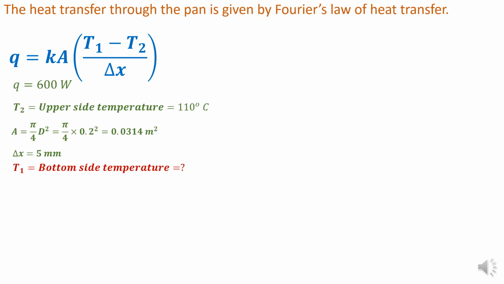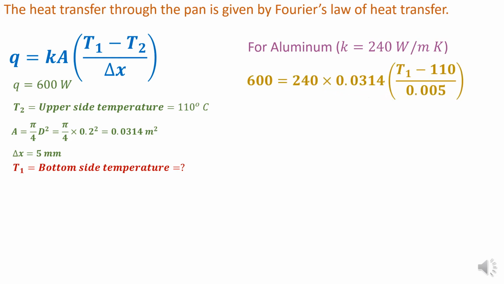In the first case the pan is made up of aluminium, and in the second case the pan is made up of copper. For aluminium, which has a thermal conductivity of 240 watt per meter Kelvin, we put the values of Q, k, A, T2 and ΔX in the equation of Fourier's law, and by solving it we find that the bottom side temperature is 110.4 degrees centigrade.